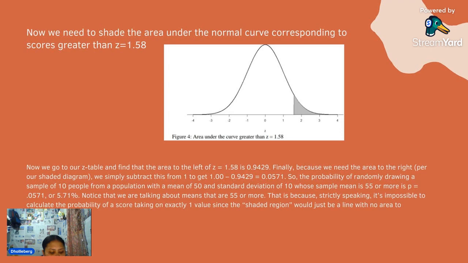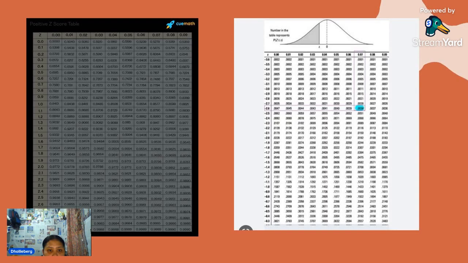Why 0.9429? In our z table, we look for 1.58. Here in the positive side, 1.5 on the left is the stem, and the one on top is the leaf. So 1.5 plus 0.08 equals 1.58.